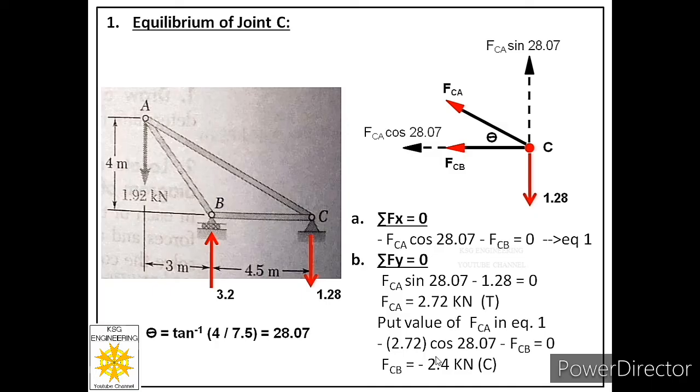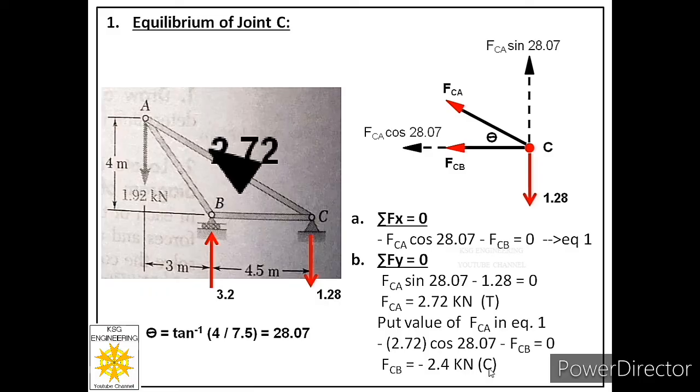But now we got a negative sign in the answer. That negative sign tells us that our assumption is not correct. It is not a tensile force. It is a compressive force because it is acting towards the joint. So next to the answer we have shown that it is a compressive force.